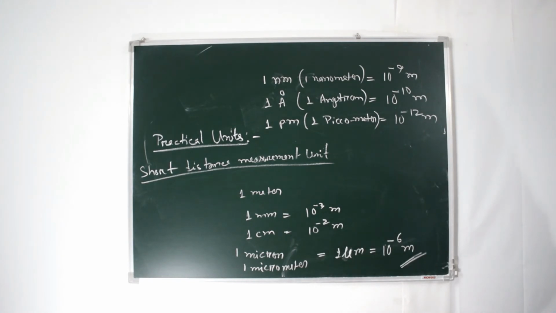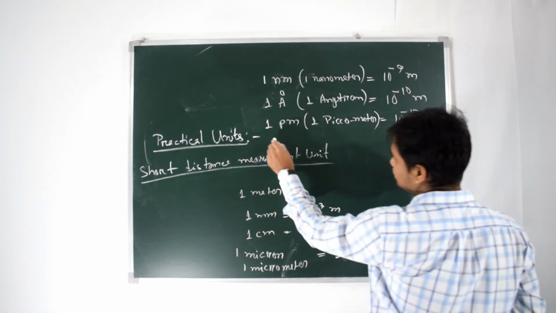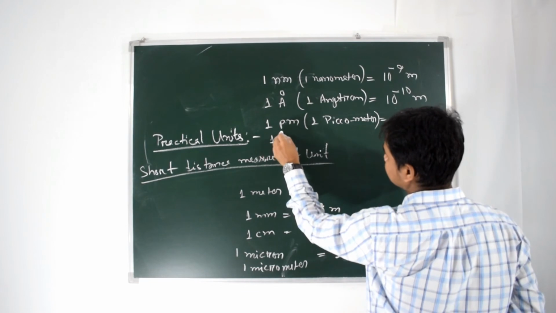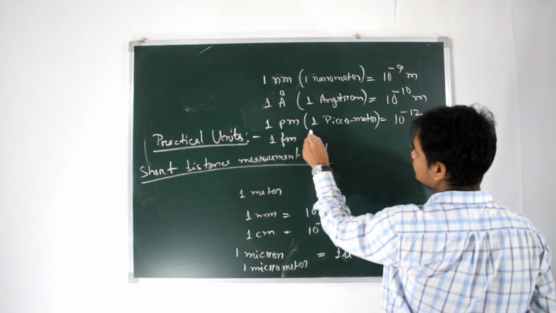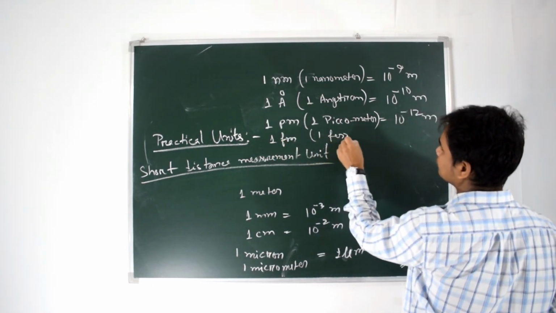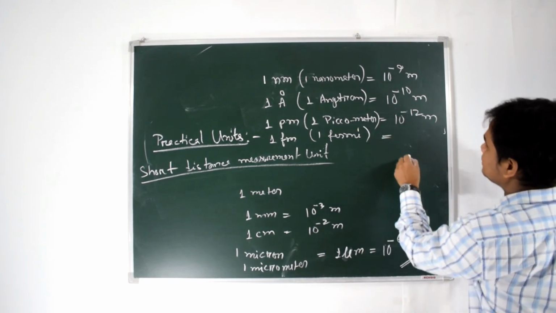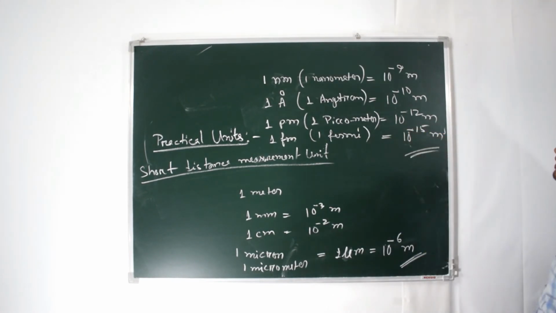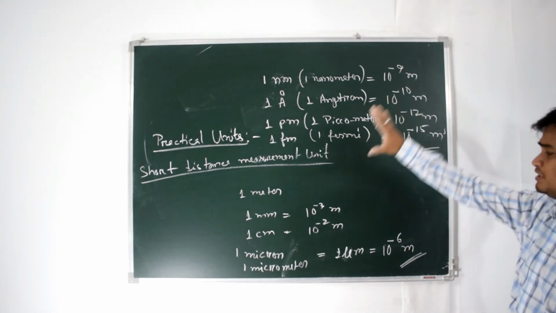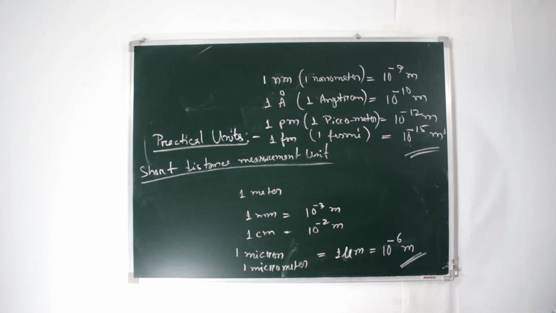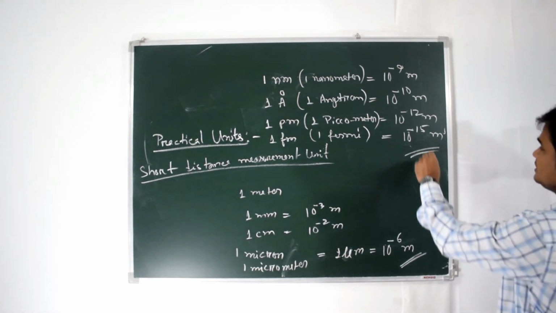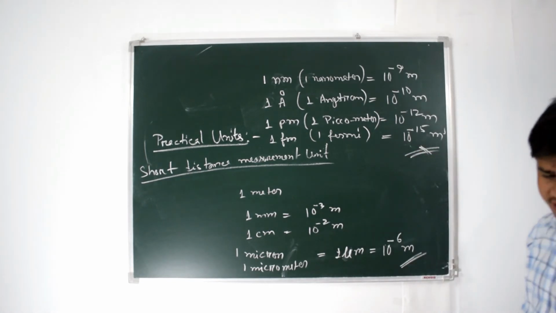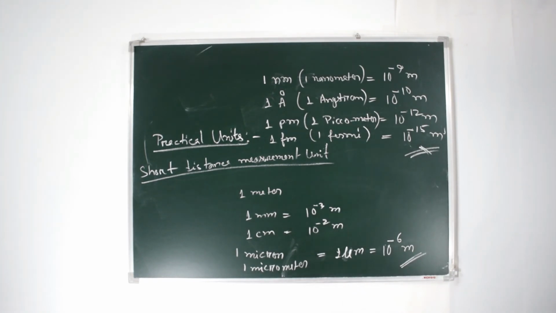Next one is 1 Fermi. 1 Fermi is 10 to the power minus 15 meter. It is used in nuclear physics. So these are the short distance measurements, very short. These are some practical units used for measurement of length.